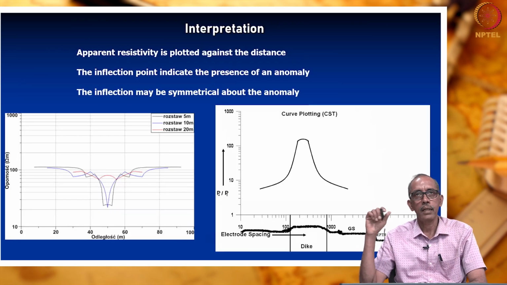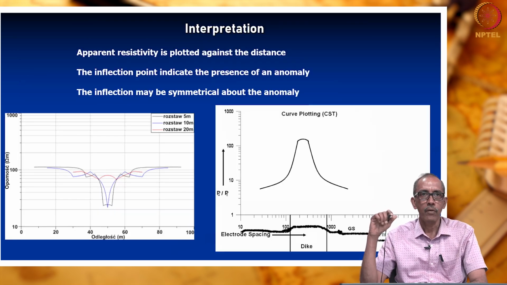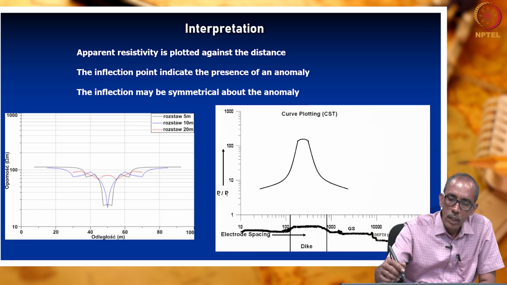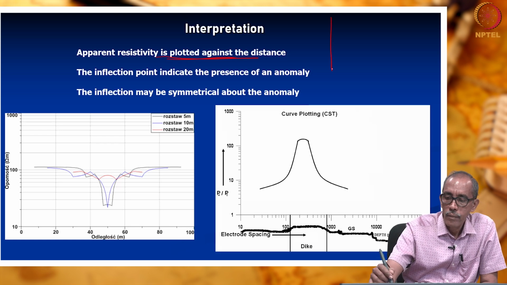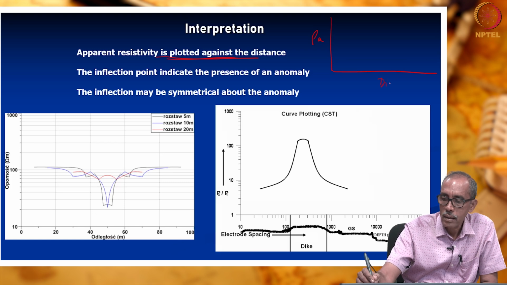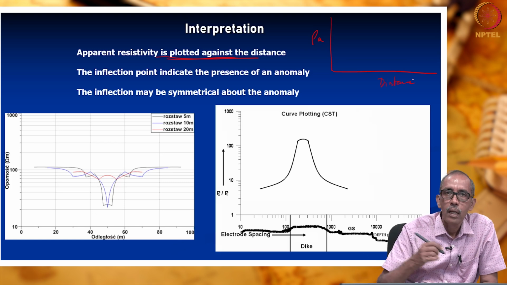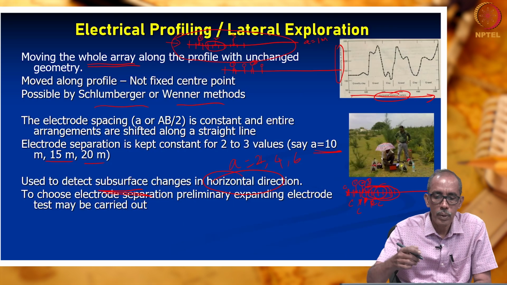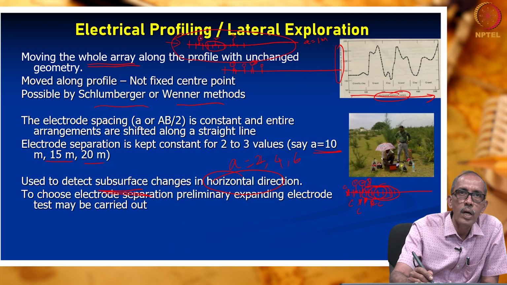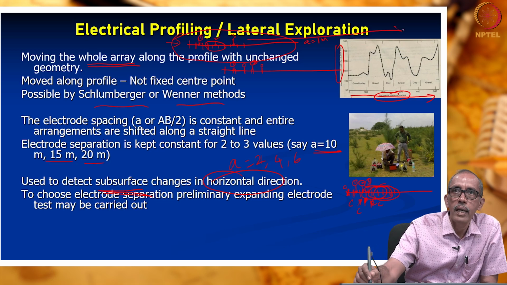When you conduct electrical profiling, what information do we get? We are going to plot the apparent resistivity versus distance diagram. That means you would have chosen station number 1. Let us say this is station 1. From station 1, 2, 3, we are progressing along a line.